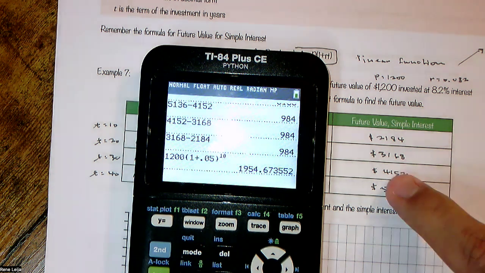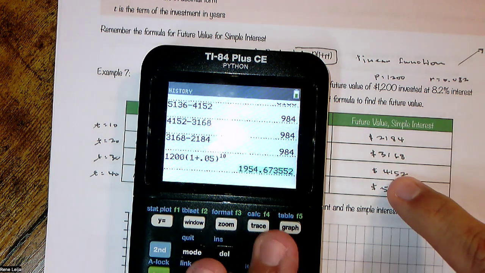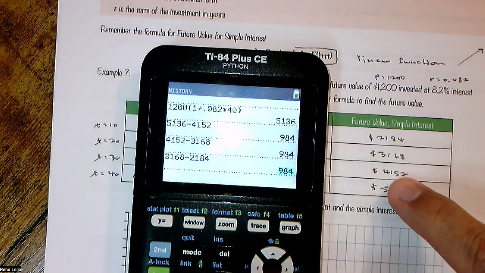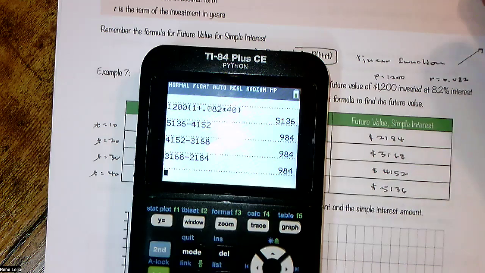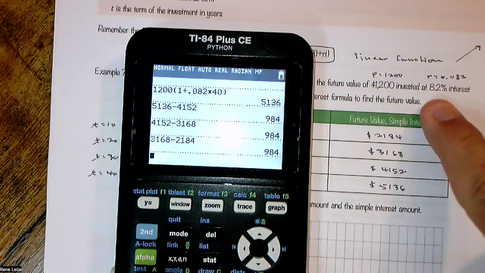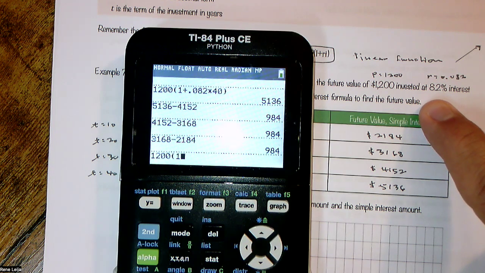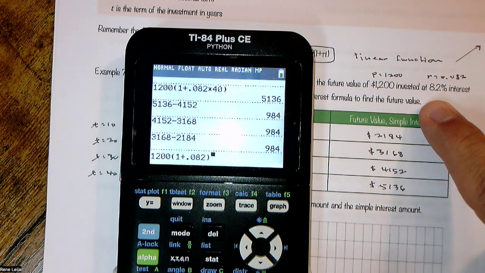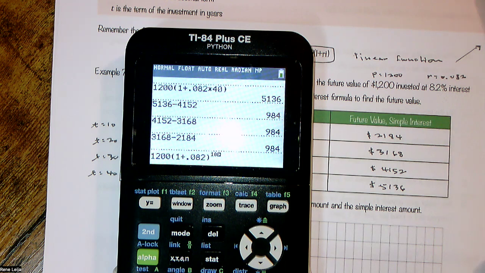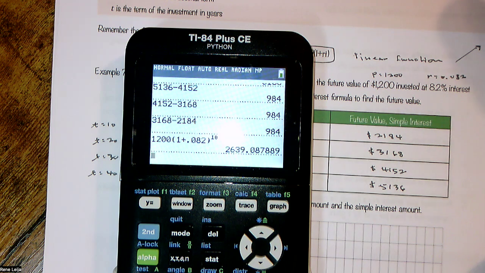Oh, wait, I'm sorry. I did the wrong percentage. I don't know why. I guess I was just stuck in the 5% mode. So 1 plus 0.082 raised to the 10th power. Okay. So now we have to round.